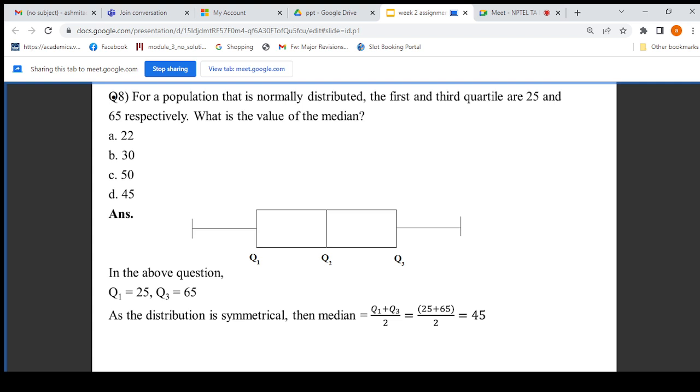51.5. Okay, but 51.5. So if we get 51.5 and 52, what will be your preference then? As per the data set, if you have an odd number of data set and you get 52, will it also be acceptable or not? When you find the median manually from the data set.